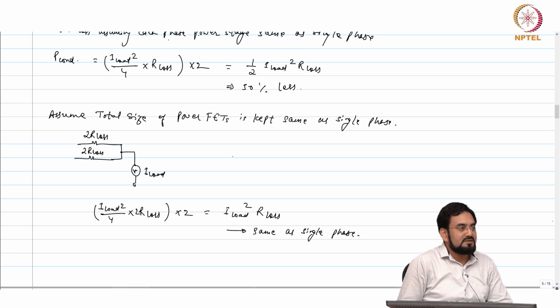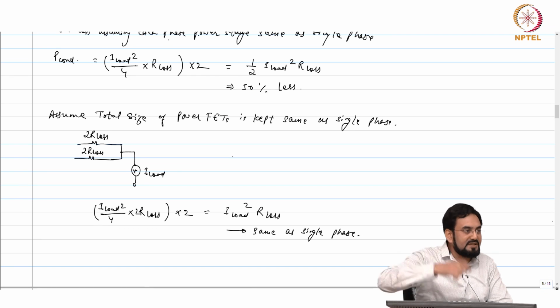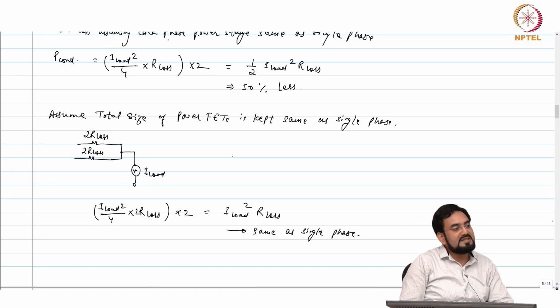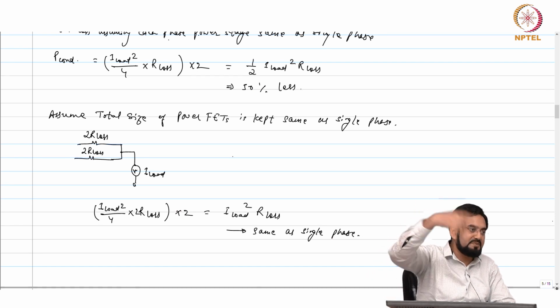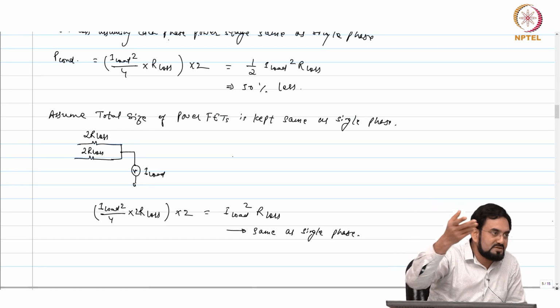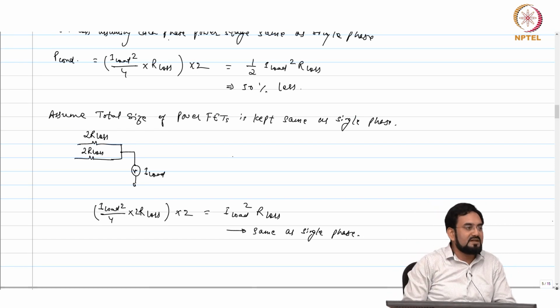So 1 amp load current, inductor will be seeing 2 amp current. Now split in the two, each will be seeing only 1 amp current, correct, because the 2 amp will be split into 2, each carrying equivalent to 500 milliamp load.